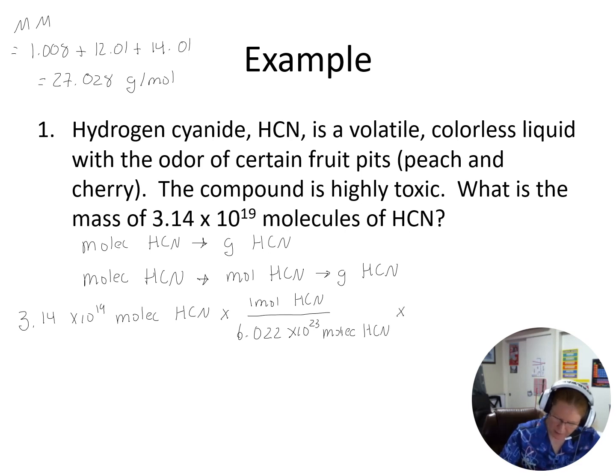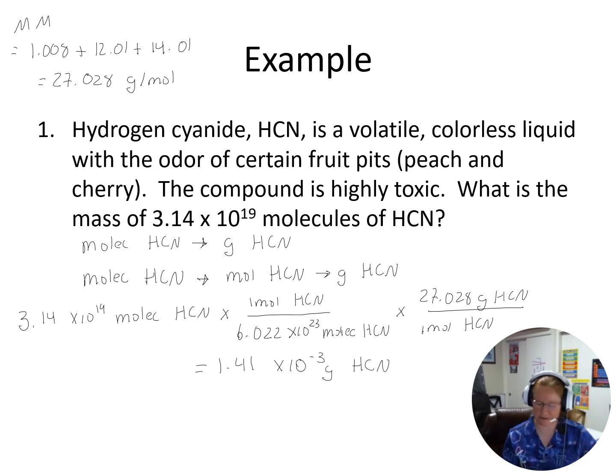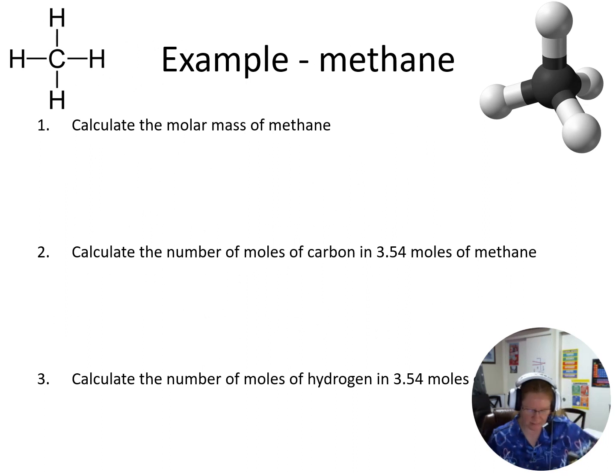And then we have 27.028 grams for every 1 mole. Okay, and we get 1.41 times 10 to the negative third grams of hydrogen cyanide. So not a whole lot, just a tiny little bit.